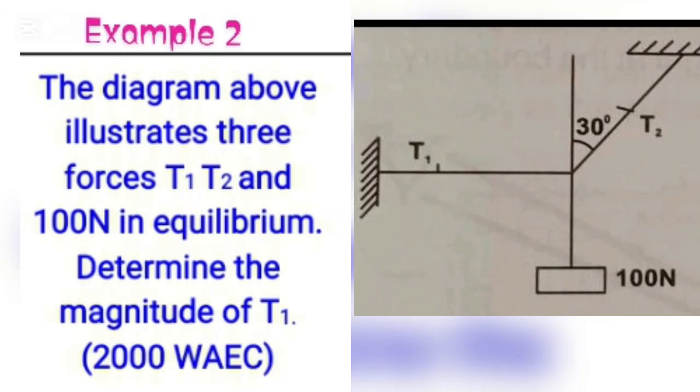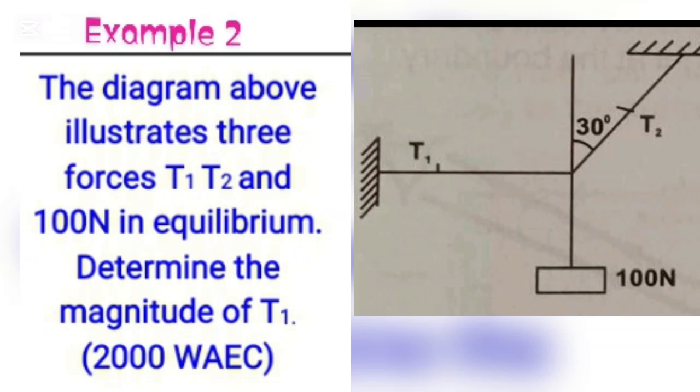Example 2. The diagram above illustrates three forces T1, T2, and 100 Newton in equilibrium. Determine the magnitude of T1. Looking at the diagram, we have 100 Newton acting directly downwards, which is the weight of the body.